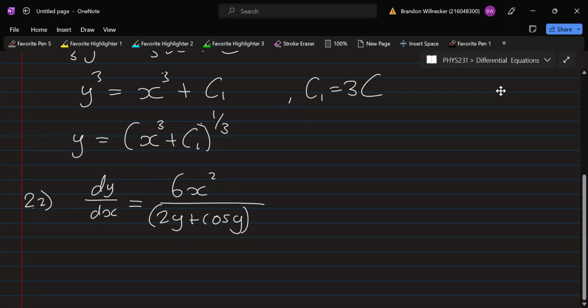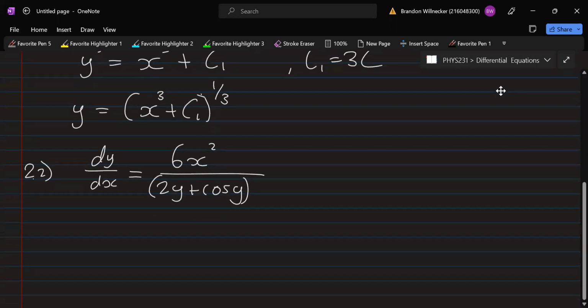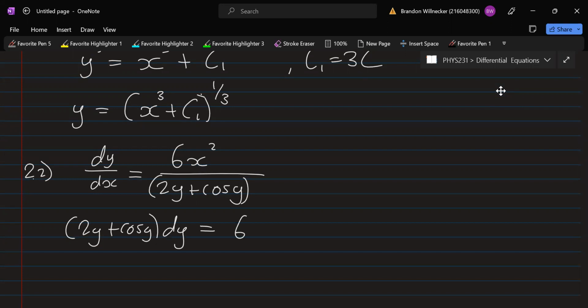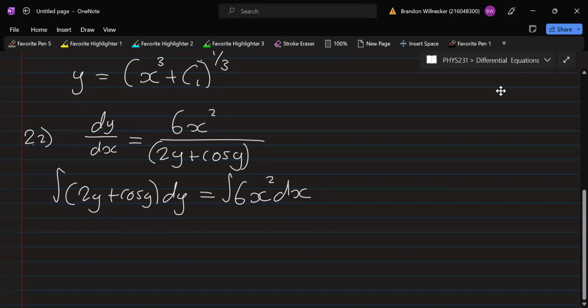So everything at the bottom, that just depends on y, so we can take that over to the other side. So we have 2y plus cos y dy. We can take the dx over and we get 6x squared dx. So we have successfully separated the variables. So let's integrate.